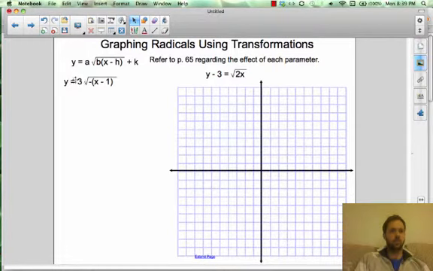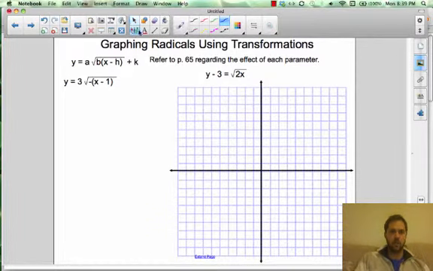Here we're going to try graphing a new function, y equals 3 times the root of negative x minus 1, and we're going to do this just by applying these shifts to the regular graph of root x.